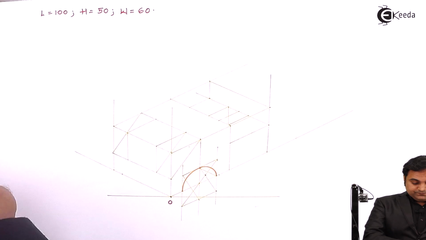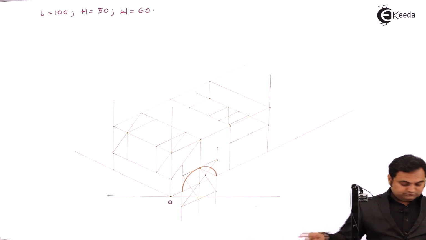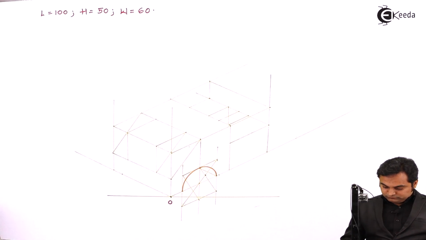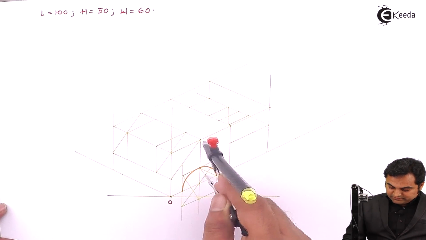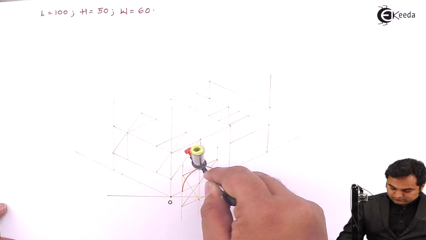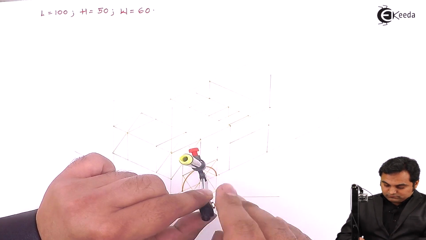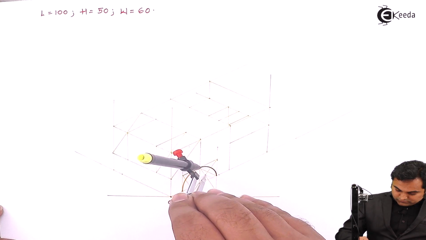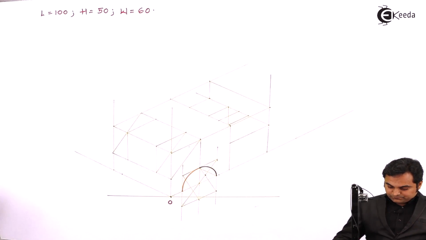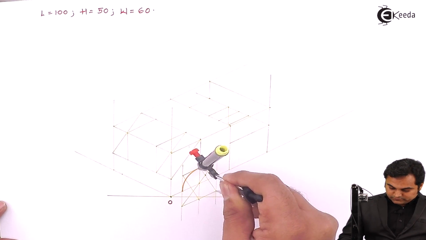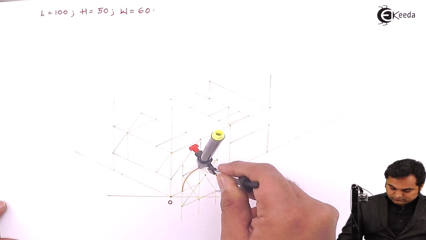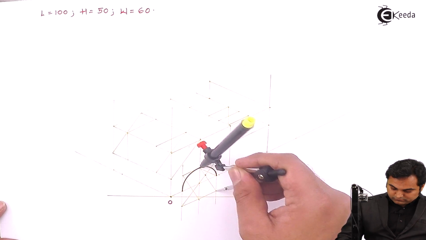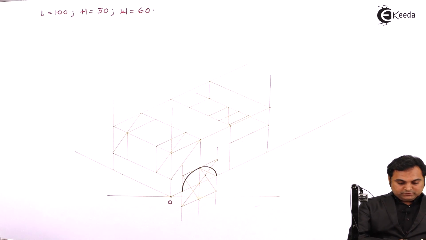So first I am making the semicircle dark, as I have taken this center and the same radius previously. So completing this semicircle.